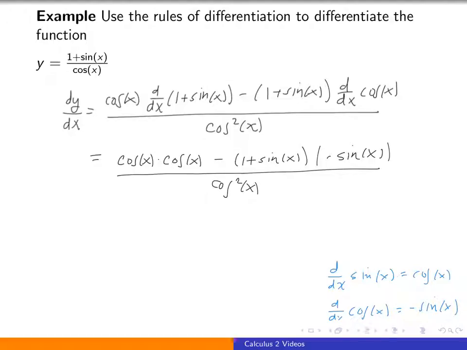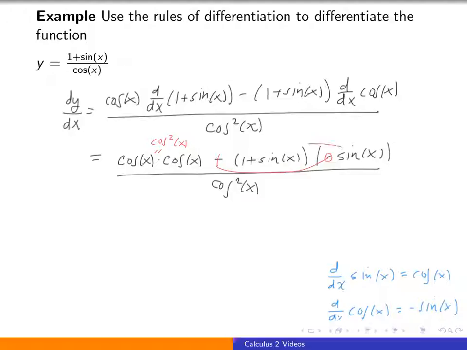And at this point we've finished up the differentiation, but I do see one obvious simplification, so I'm going to go ahead and maybe take this a step further and note that you have cosine times cosine, which is cosine squared. And when this minus sign distributes through, you can think of this minus as pulling all the way out and turning that into a plus.